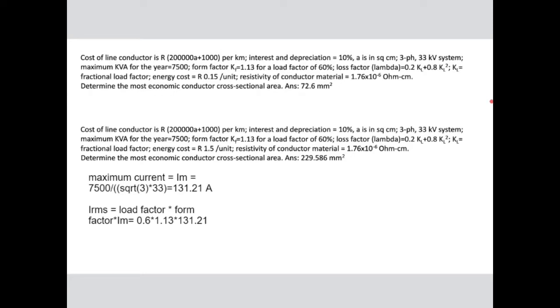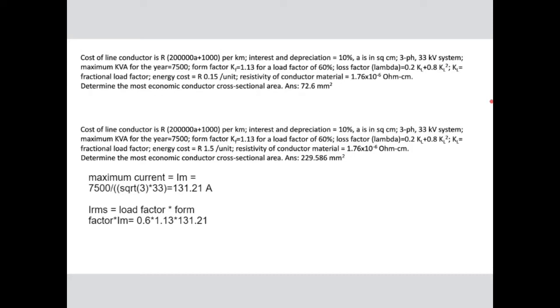of the current IRMS. When you got the IRMS, we can go to calculate loss factor, which is lambda. I'm just writing in numbers because writing words here is very challenging. So what is given there? 0.2 KL plus 0.8 KL squared.